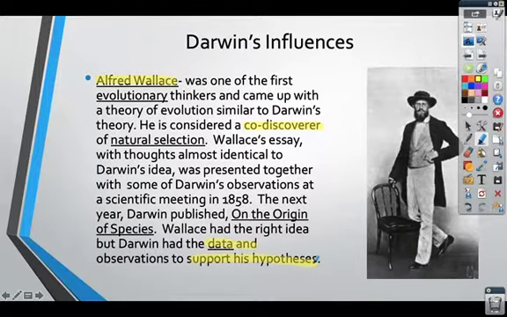So Darwin often got more of the credit, even though Wallace came up with the idea independent of Darwin himself. So just make sure you remember that Wallace is the co-discoverer of natural selection. He had ideas very similar to Darwin, but Darwin got the credit because he wrote the big manuscript that basically took the world by storm.